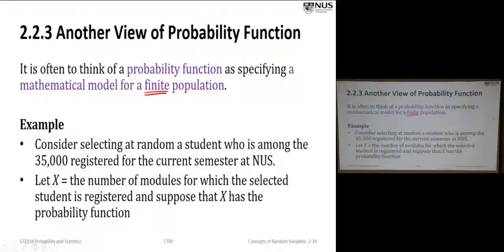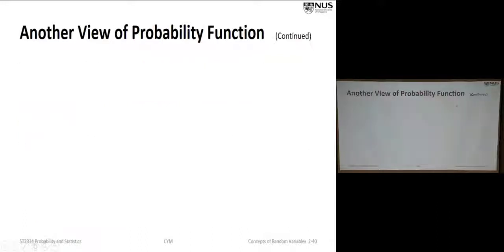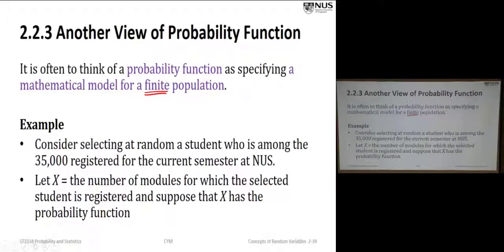You can let x be the number of modules for which the selected student registers. And suppose that x has a probability function. First of all, x is the number of modules a particular student that we select takes. So x is a random variable. First of all, x is a variable.